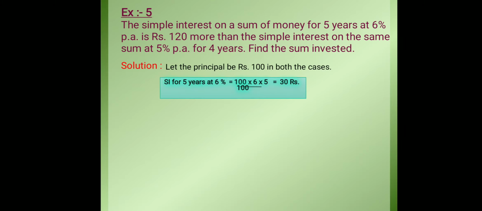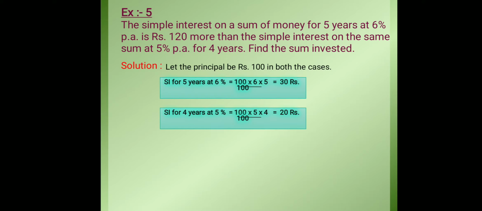So, simple interest for 5 years at 6% is equal to 100 multiplied by 6 multiplied by 5 divided by 100. 100 will be cancelled and 6 fives are 30. So 30 rupees.